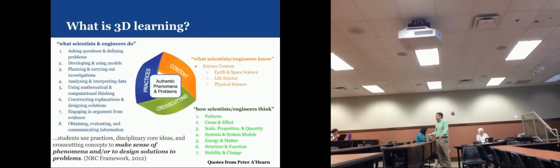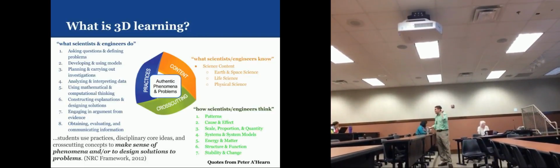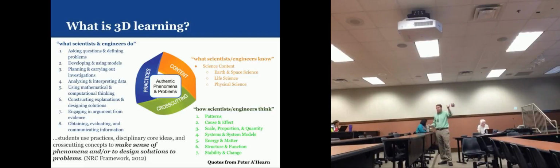All right? If you're doing a dichotomous key with your kids, what are you doing there? You're doing a pattern, right? If you're playing with your carts in physical science or physics, then you're doing cause and effect. Scale, proportion, and quantity. That's one of the ones that I see as being very difficult for people to understand.